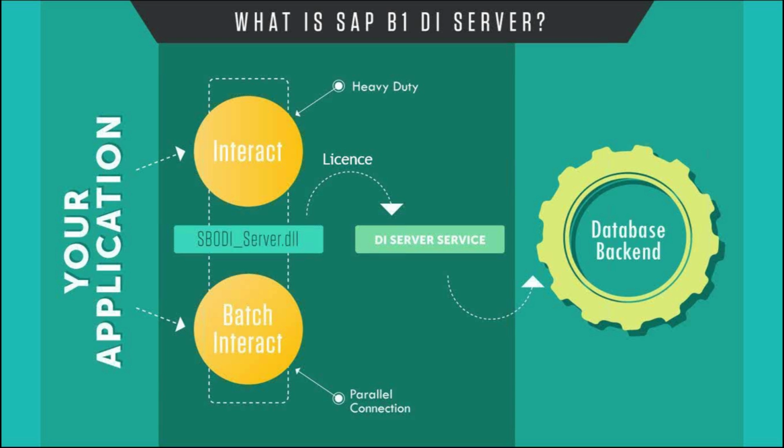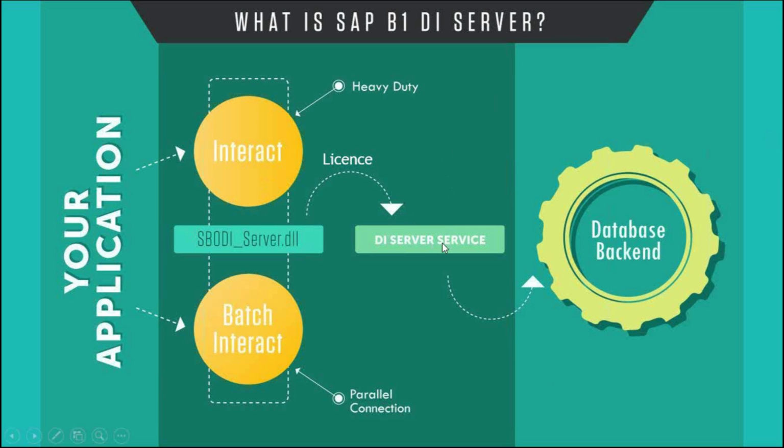Now this is the architectural diagram of how your application can interact with the SAP system. There is a service that gets installed when you install your SAP Business One in your system.